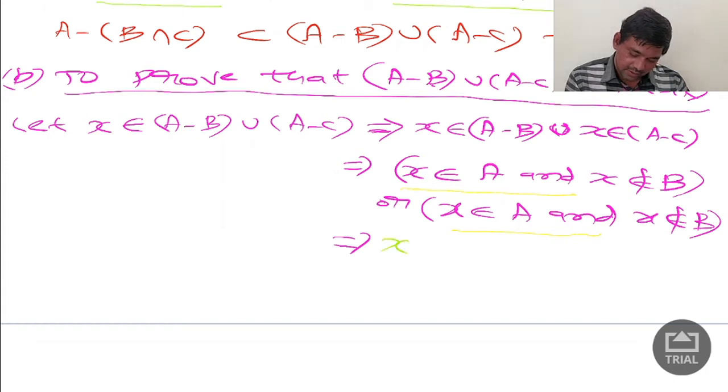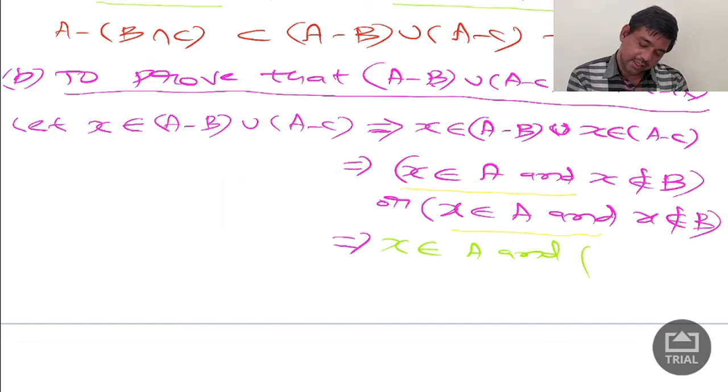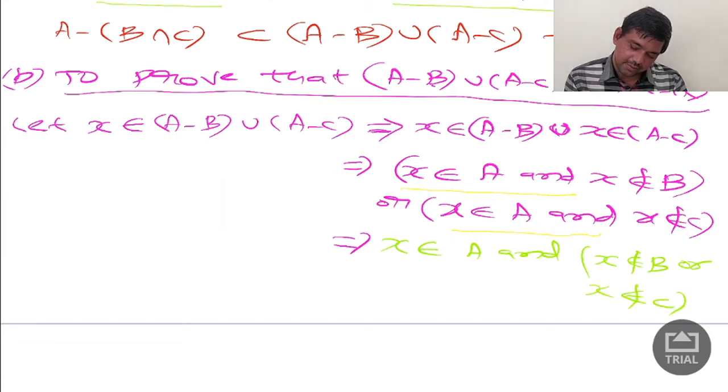Okay, so x belongs to a and, in bracket, x does not belong to b, or x does not belong to c.